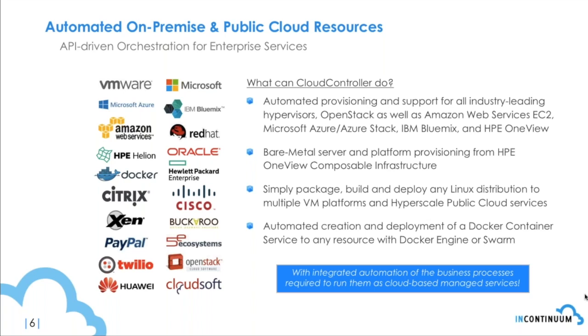We also support the Hewlett-Packard Enterprise OneView Synergy APIs and OpenStack APIs, as you can see here, which allows us to do automated provisioning and support of EOS, CAS, and PAS on all major hypervisors and most of the major public cloud services. Bare metal is possible from our OneView Synergy interface, as we are a member of the Hewlett-Packard Enterprise OneView Composable Infrastructure ecosystem.